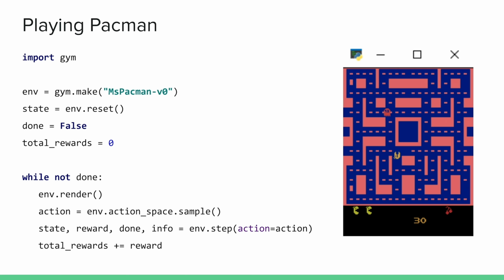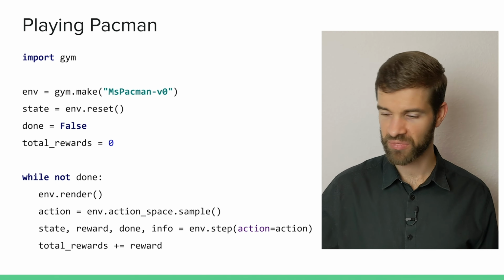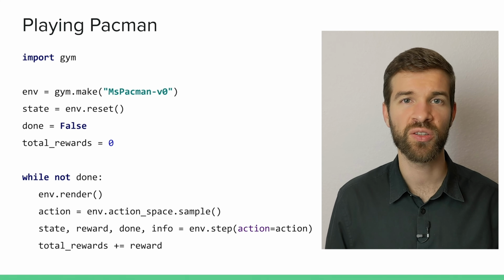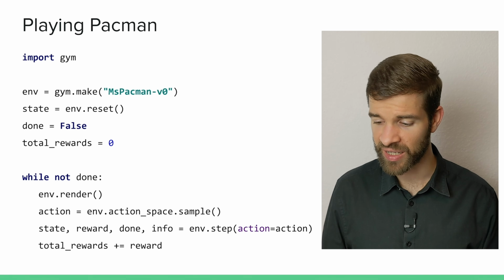You say not done yet, and you initialize the total reward to 0. Now, until we're done, so until either the monster has eaten us or we've captured all those coins or bricks along the way that give us some reward, we're playing this. So we render it, so we display it. If we don't want to render it, then we don't need this command.